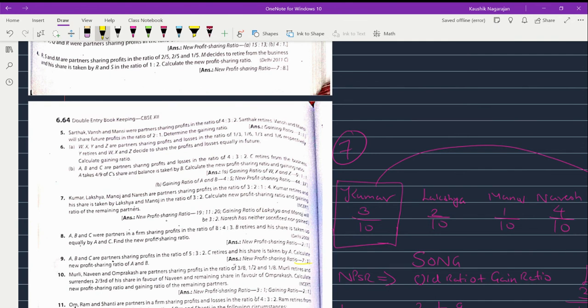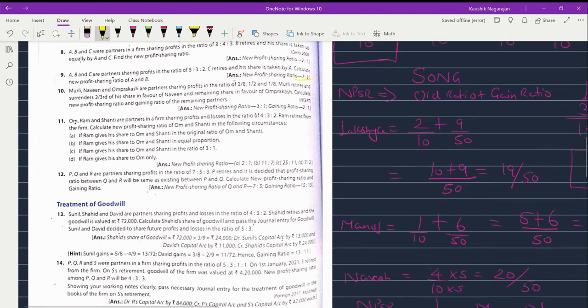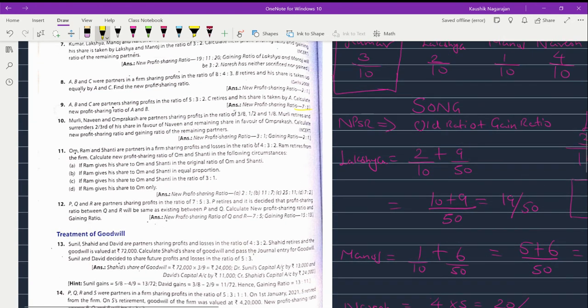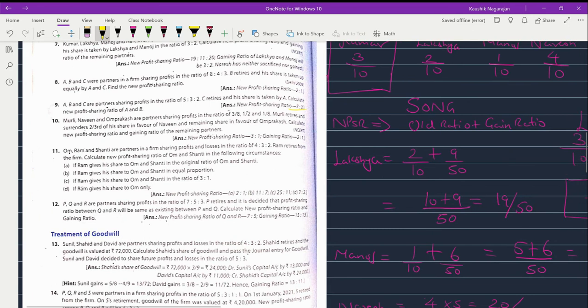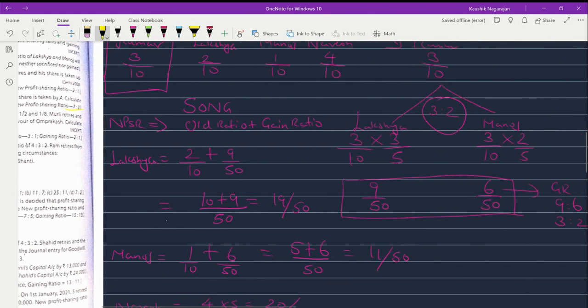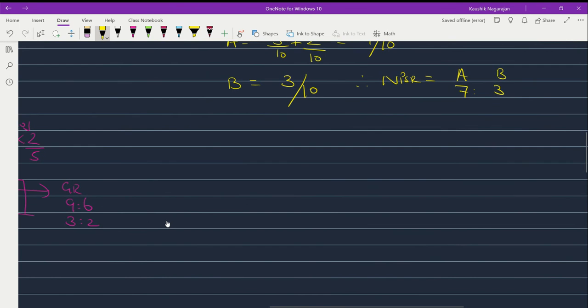Fine. Any doubt up to the ninth problem? Okay. So let me move on to problem number 10. Who are the partners? Murali, Naveen, and Om Prakash. Just let us have problem number 10 over here. Murali, Naveen, and Om Prakash.